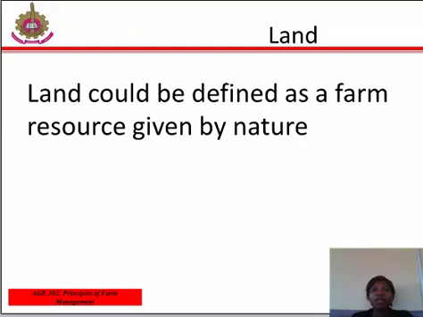To maintain the productivity of land, there are two major steps which are usually taken into consideration. The first one is physical measures, the second one is cultural measures. Physical measures consist of construction of ridges or contours and planting of crops or trees on these ridges.